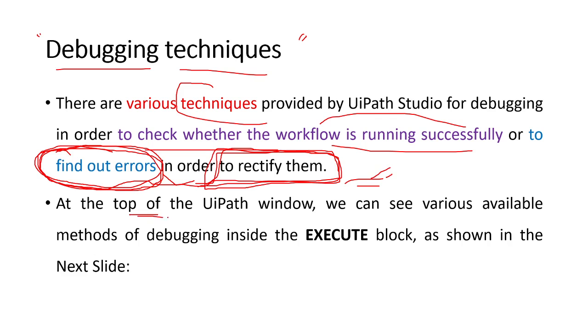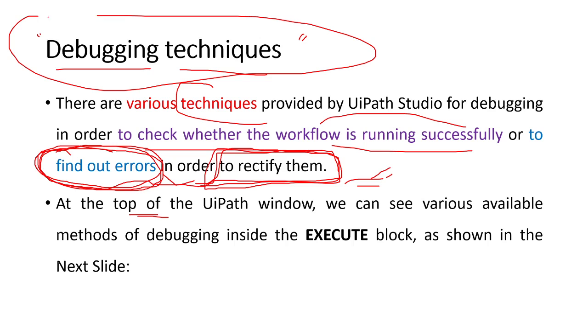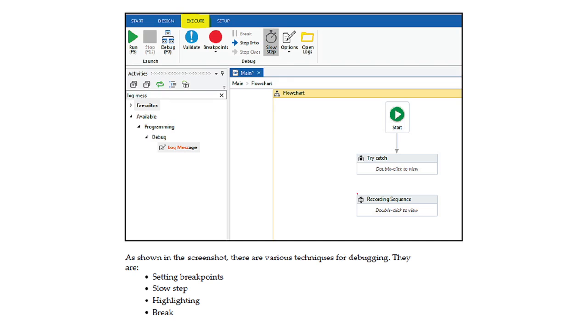Now the author is telling where they can access these debugging techniques. Where the RPA developer can access these debugging techniques is under the execute block, which has been shown in this figure. So this was the scenario in UiPath Studio, more specifically the 2018 version of UiPath Studio.